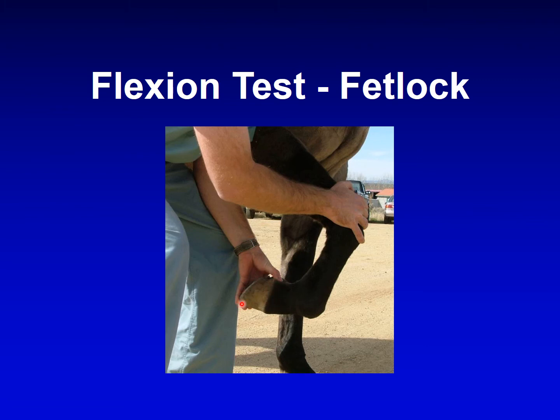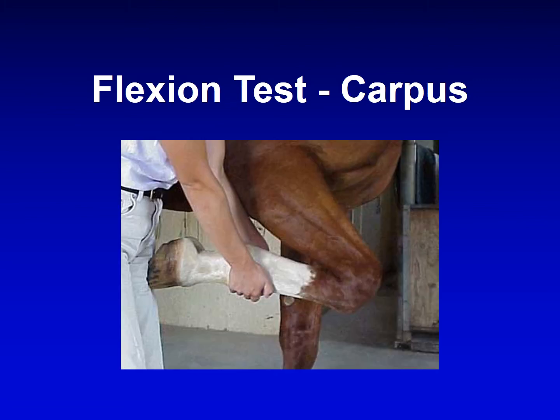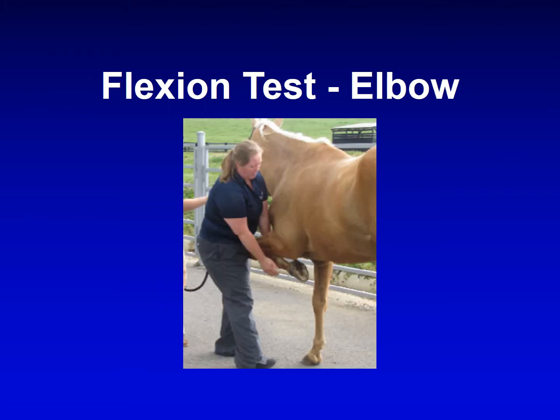If you are suspicious about a problem in the fetlock or the coffin, then you go with the coffin first, and then with the fetlock, and so on. And then of course you go with the other joints. For example, here we're doing the carpus flexion. In this picture, we are doing the elbow flexions.